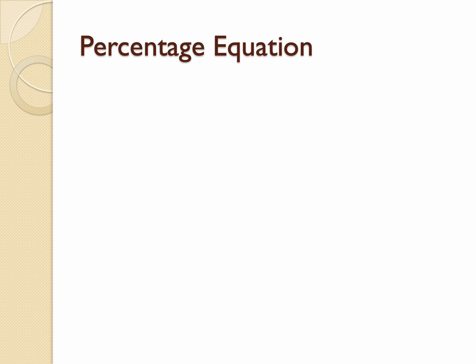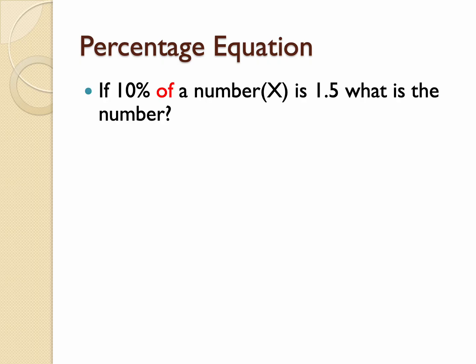Now, in the last slide, we computed what is 10% of 15. Let's turn this question around and ask: if 10% of something, say we call it x, if 10% of a number x is 1.5, what is that number x? For that, we shall write this sentence stated in English as a maths equation.